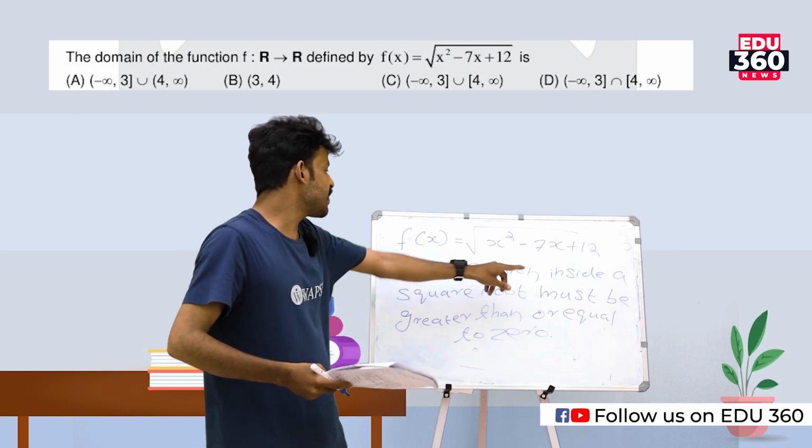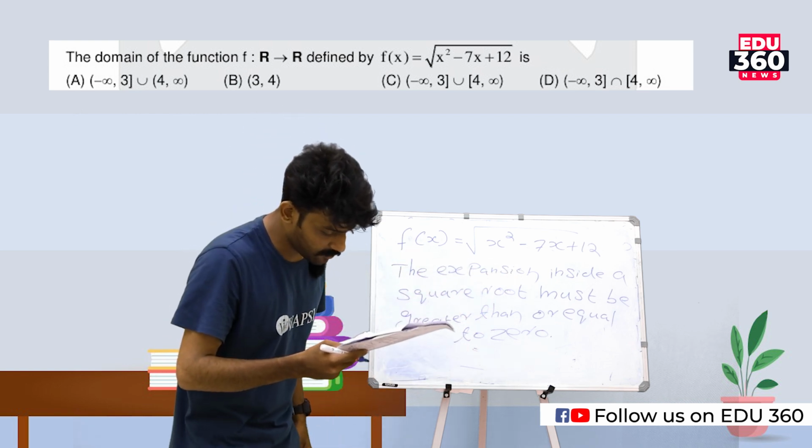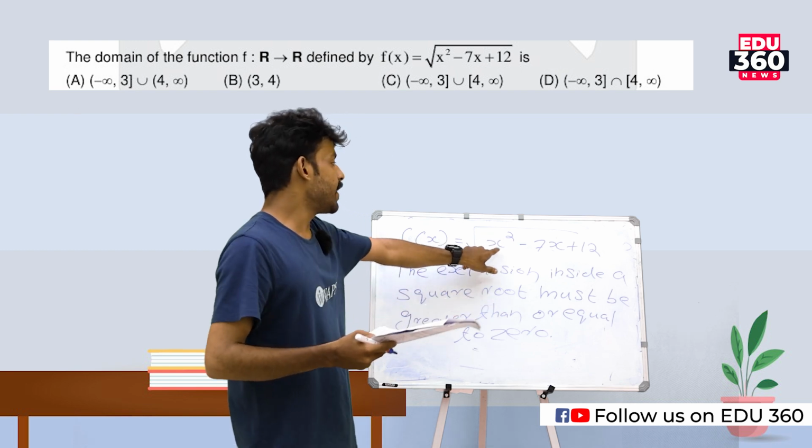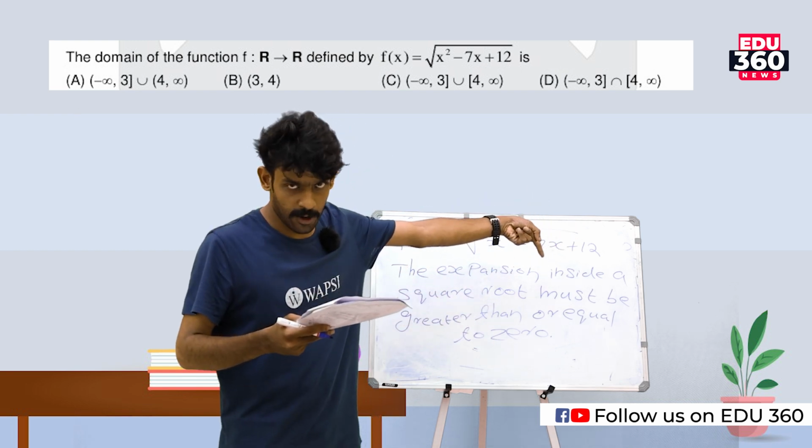Okay, the expression inside a square root must be greater than or equal to 0. So that means x square minus 7x plus 12 is greater than or equal to 0.